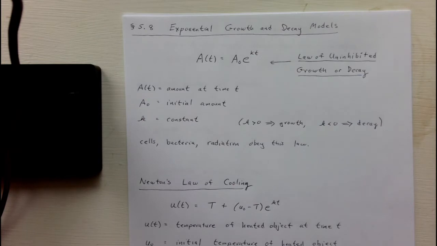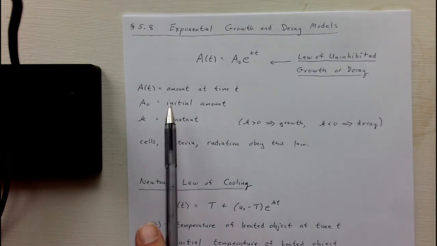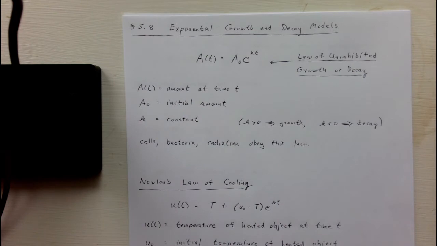Okay? And so all three of these things obey what we call the law of uninhibited growth or decay. And if you look here, A of t represents the amount of something. That something could be the number of cells, the size of a bacteria colony, the amount of radiation, or the amount of some element in an object.